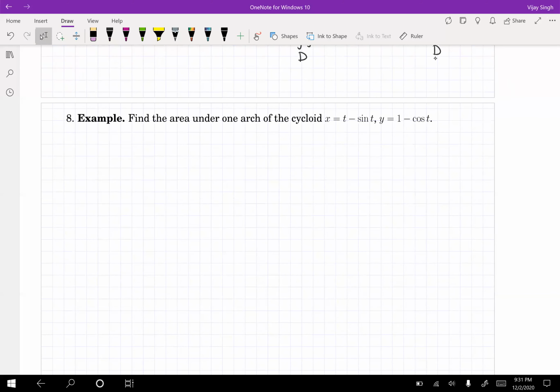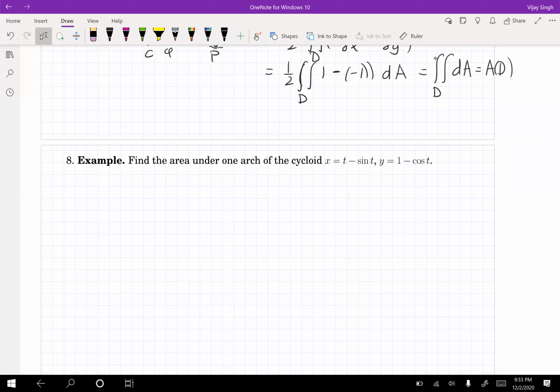Find the area enclosed by one arch of the cycloid, x equals t minus sine t, y equals 1 minus cos t. So how is one arch of the cycloid given? One arch of the cycloid is essentially given by this, where t goes from 0 to 2 pi.